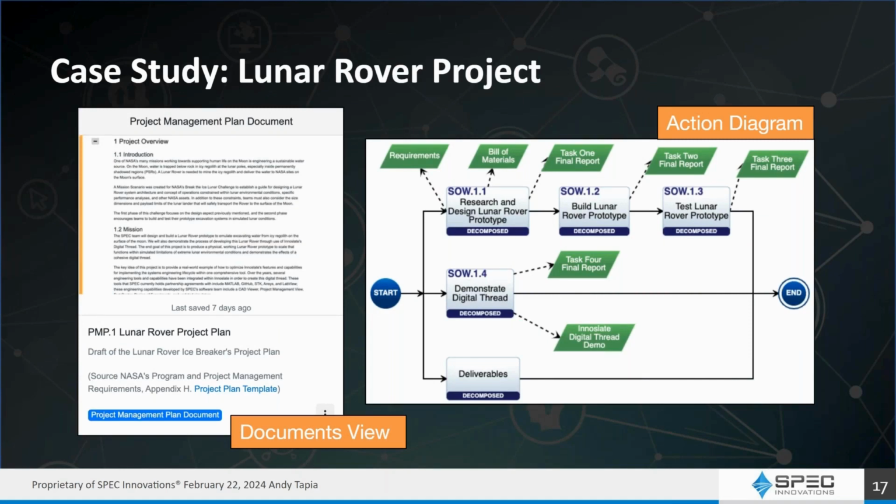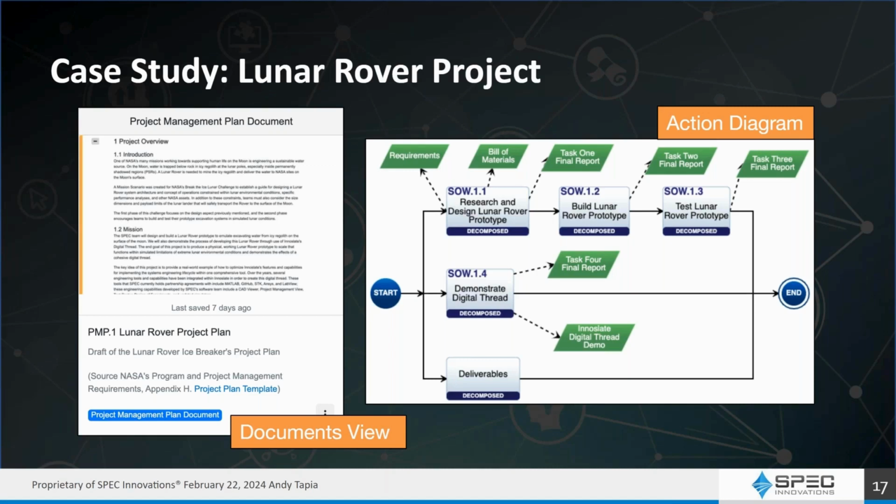So then in here, we have a case study from our lunar rover sample project. And here's a snapshot of the documents view and a screenshot of the action diagram on the right-hand side. Looking at the documents view, you're able to set up all of your important documents, such as the project management plan, but you're not left alone to build it from scratch.